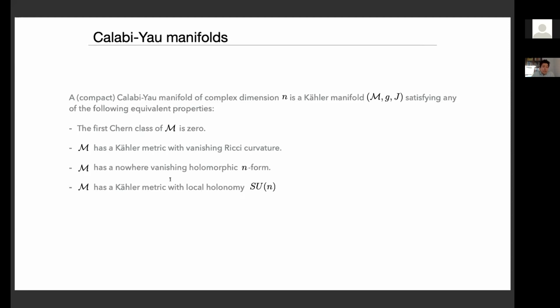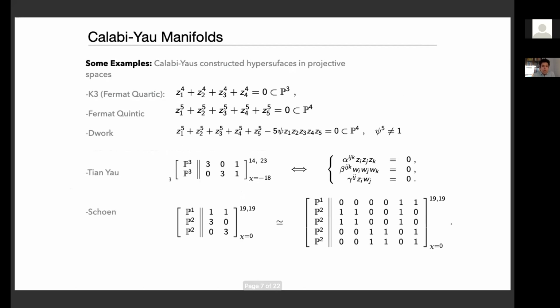It's endowed with an everywhere vanishing holomorphic n-form, and has a Kaehler metric with local holonomy SU(n). There are some other statements, and basically the work of Yau was to prove that all those properties are essentially equivalent. And they are relatively easy to construct.